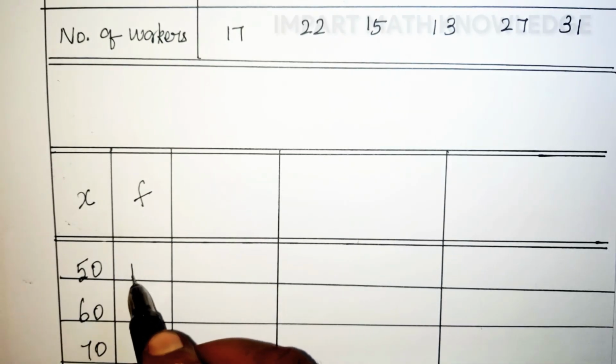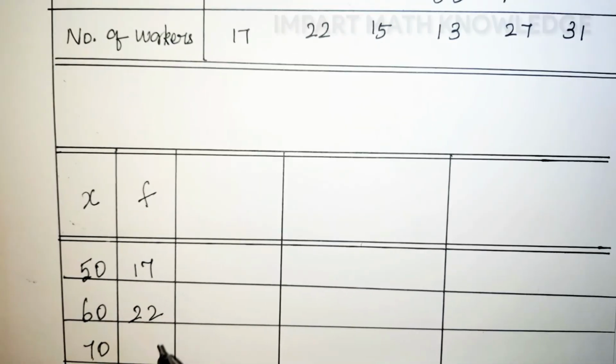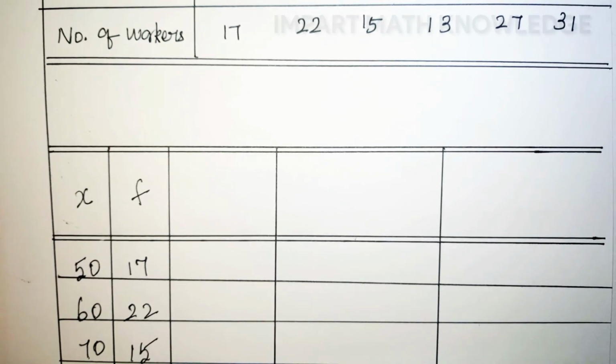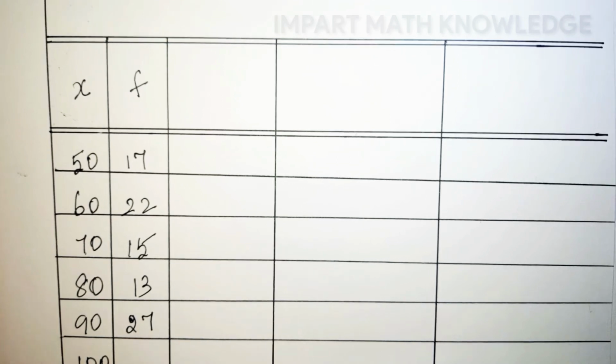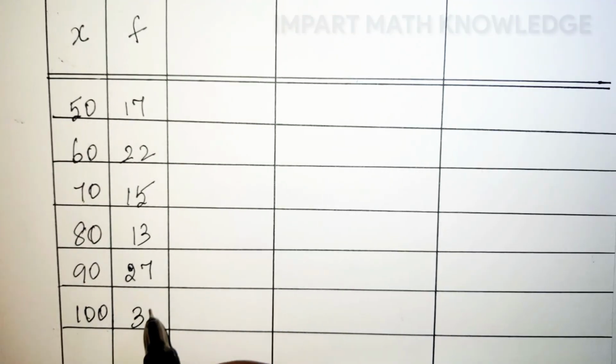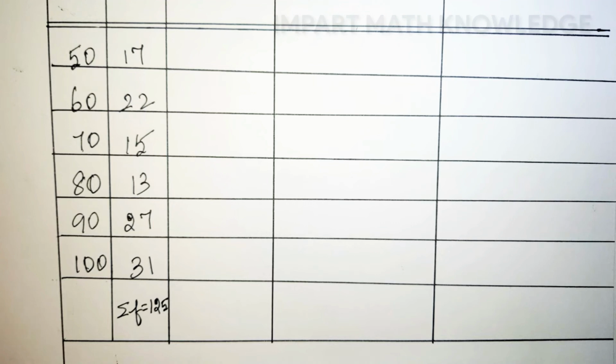Frequencies are 17, 22, 15, 13, 27, 31. The total frequency is 125.